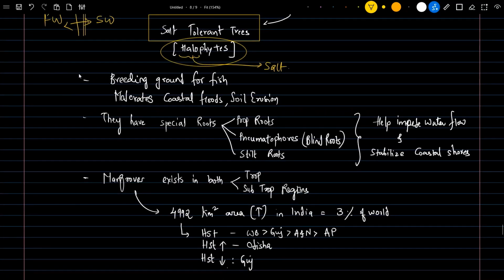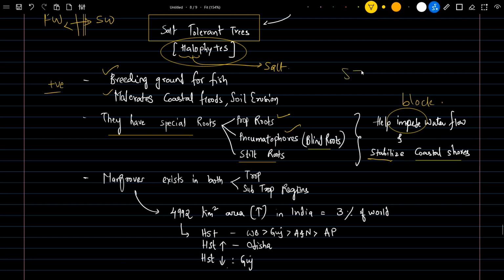Next, these mangroves act as a breeding ground for fish, and they also moderate coastal floods and soil erosion. These are the major advantages of mangroves. They also have special roots like prop roots, pneumatophores, which are also called blind roots, and stilt roots. These help impede, meaning block, the water flow and stabilize the coastal shores.